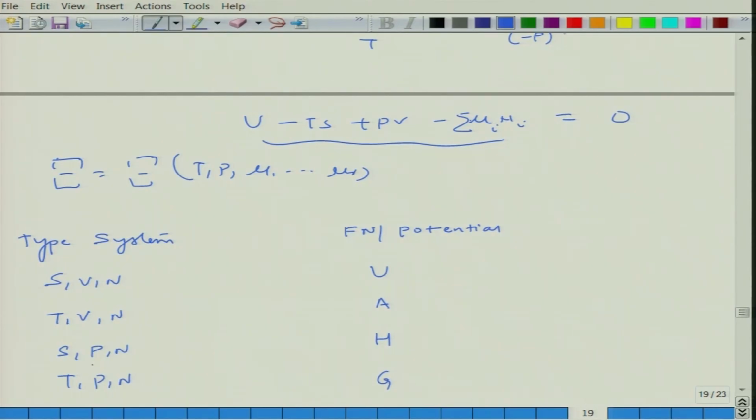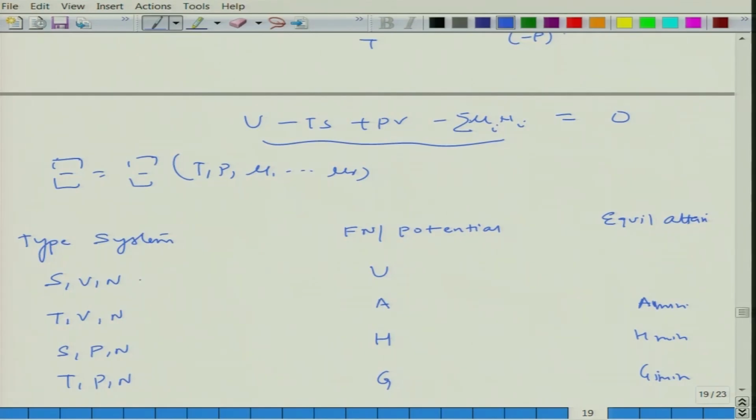Now, in the early stage of this course, we described that for equilibrium we looked into the maximum entropy. In the later part, we are going to show that equilibrium can also be shown by considering the minimum A, minimum H, and minimum G. So, the minimization of these thermodynamic functions would also attain the equilibrium conditions, but for the corresponding natural variables.